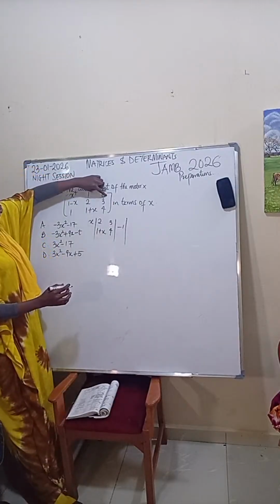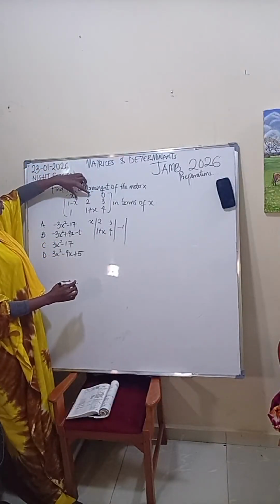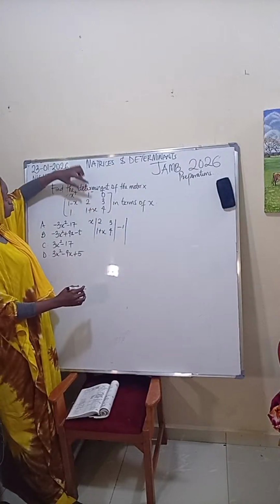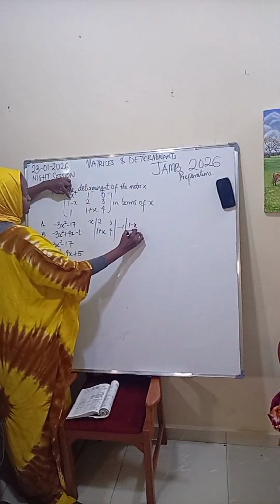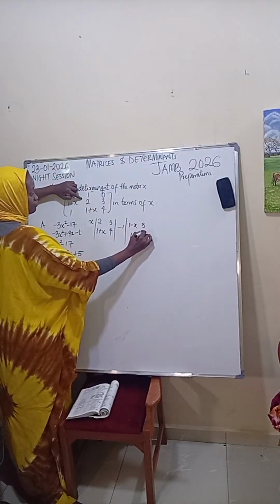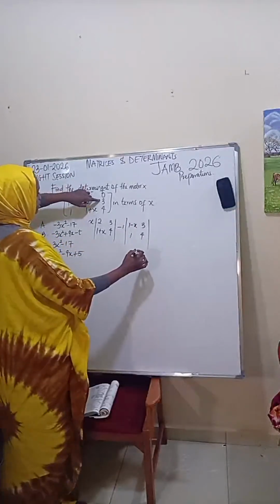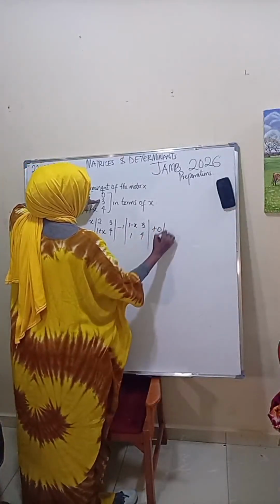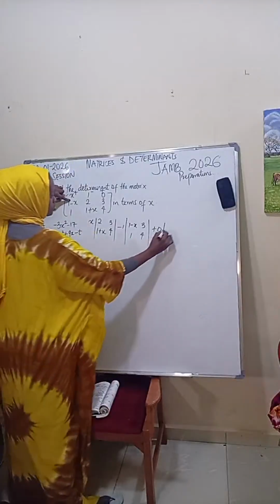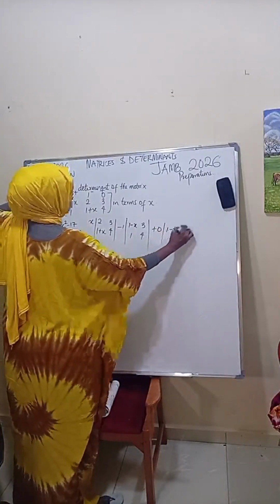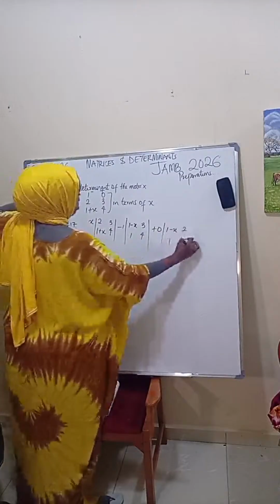If you close the row and the column of the 1, you'll be left with 1 minus x, 1, 3, and 4. Then plus 0. For 0, we'll be left with 1 minus x, 1, 2, 1 plus x.